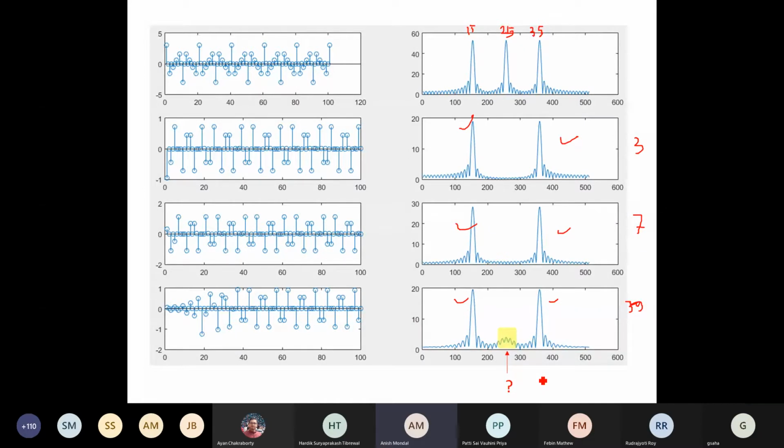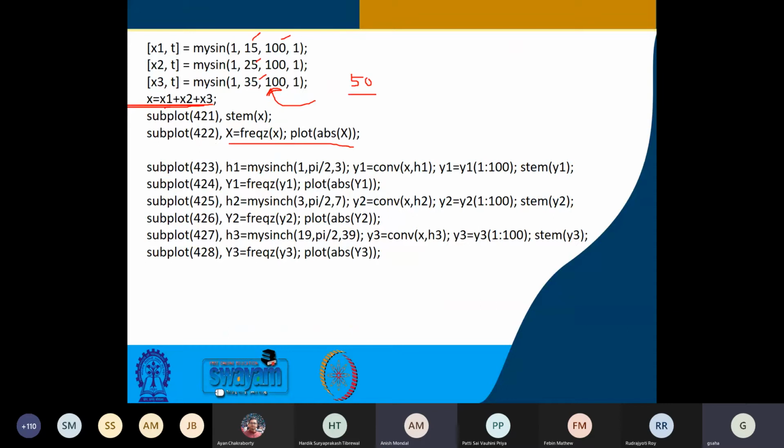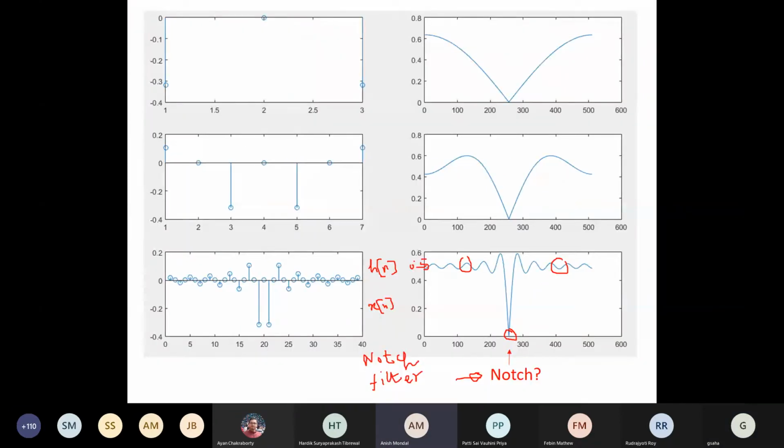I think, if we go back to the previous slide, we will see that there is a ripple which occurs for the higher order notch filter. Yeah, so we can see that for the 39 order filter, there is a sharp contrast in the magnitude of the notch, between the notch and the surrounding of the notch.